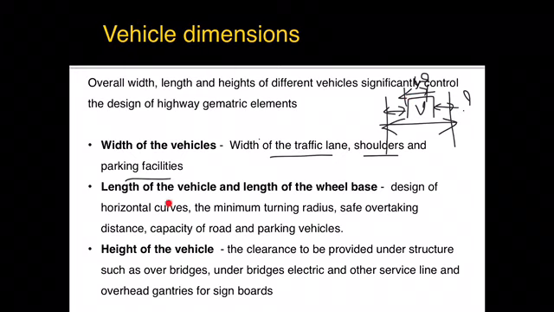And the next one is the height of the vehicles. Where does it come into the picture? The height of the vehicles is very much essential to be considered whenever you provide clearance in underneath structures, for example bridges, under bridges or over bridges.